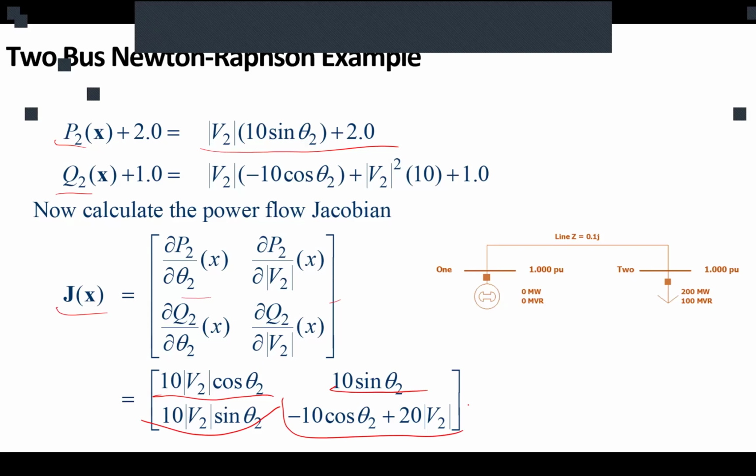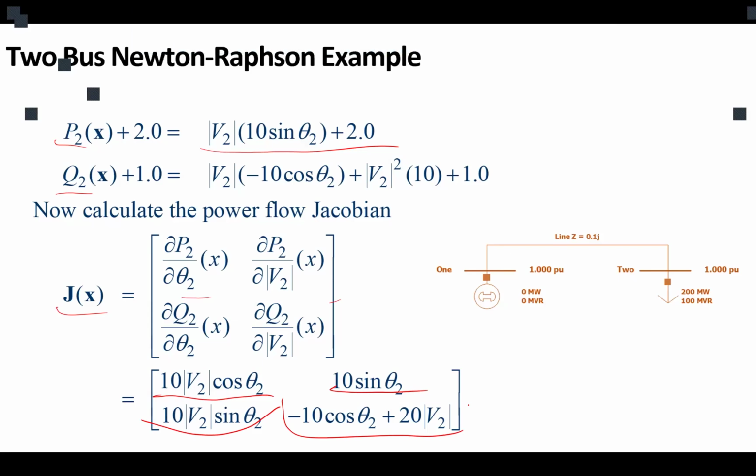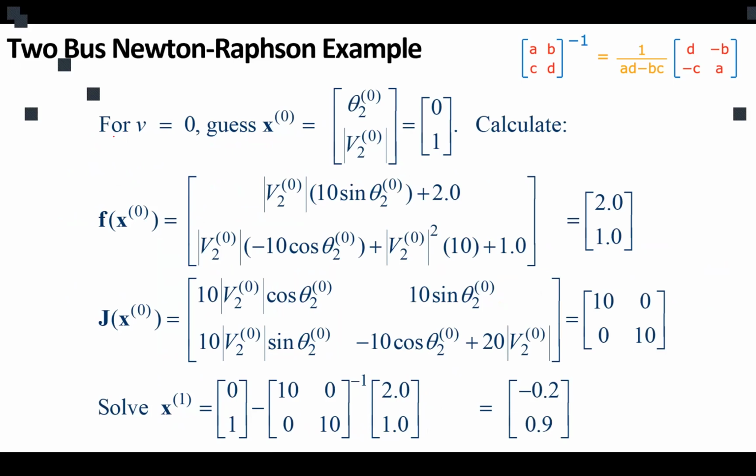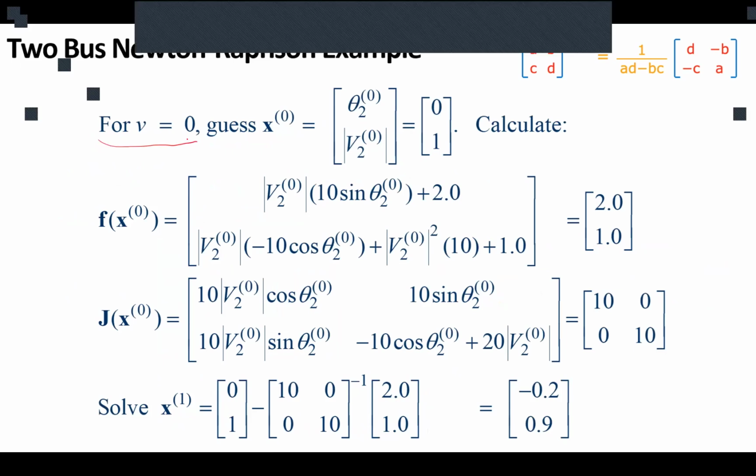Let's start guessing the numbers. We have everything that we need. For our first guess, we say, let's say theta is 0 and the voltage is 1. It's a guess, there is no reason behind that.